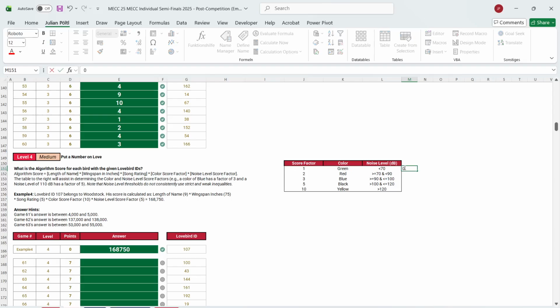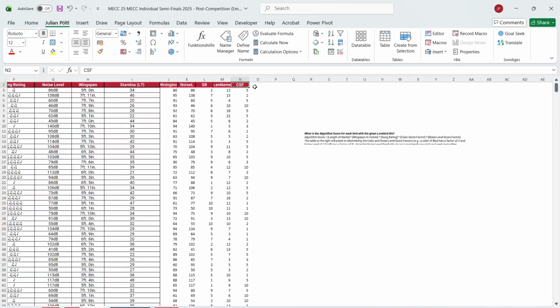So we're using here 0, 70, 90, 100, 120, and then smaller than as in lookup.